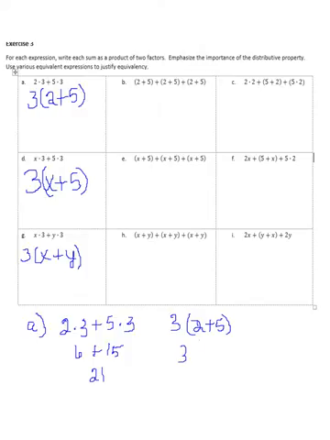So 2 plus 5 is 7. 3 times 7 is, in fact, 21. They are equal. Check. I know that these two are equivalent, and I know that my equivalent expression that I came up with here is correct.